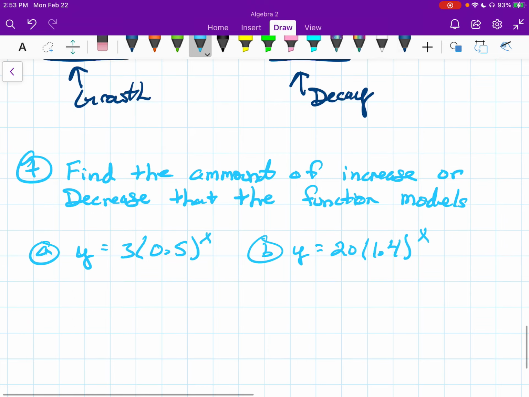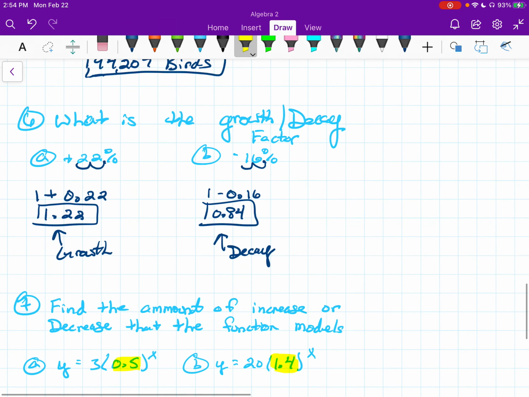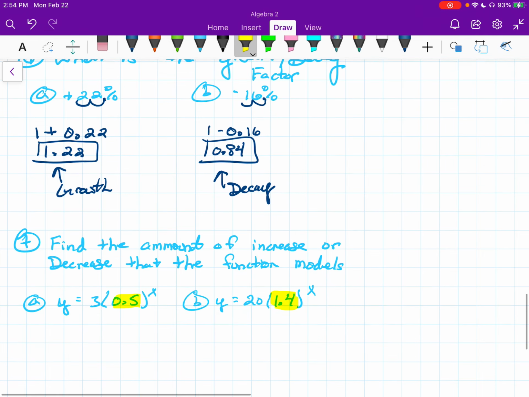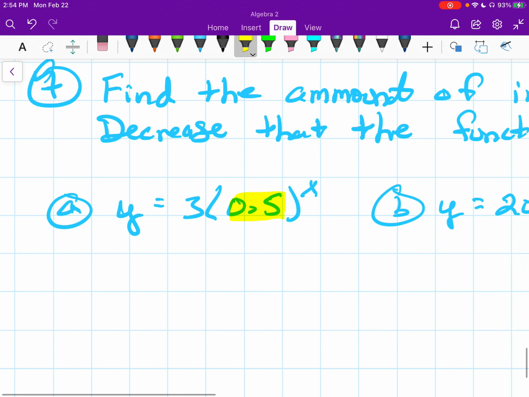What we're going to be doing here is grabbing the only thing we care about, which is the 0.5 and the 1.4. We're going to be doing what we did in number 6, only backwards. We're wanting to find the increase or decrease as a percent, and we're given the growth or decay factor. So in A, our decay factor is 0.5.